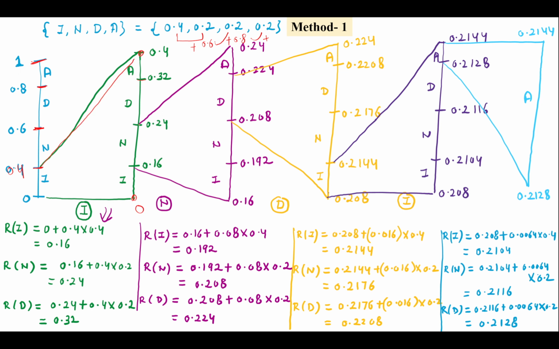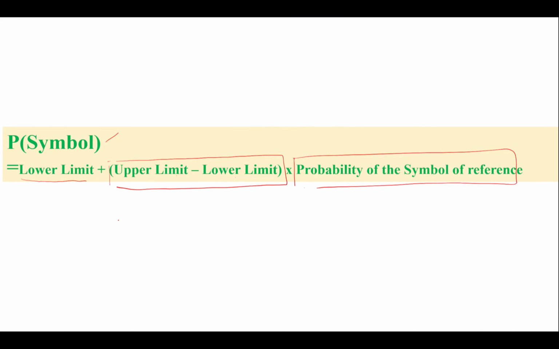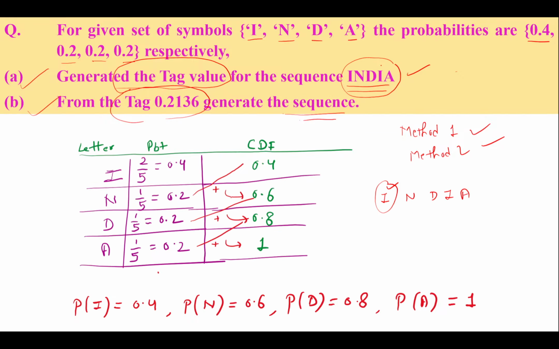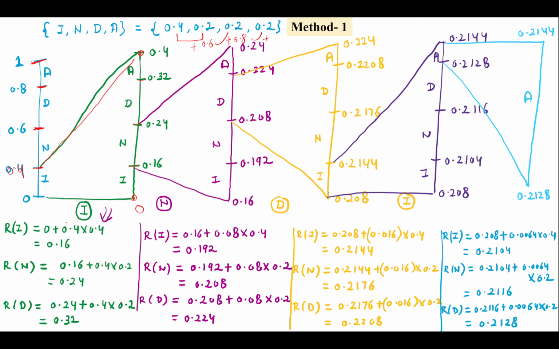This intermediate value we will assign by the formula I already discussed: the lower limit plus the difference of upper limit minus lower limit, times the probability of the letter I. Here you get 0.16.